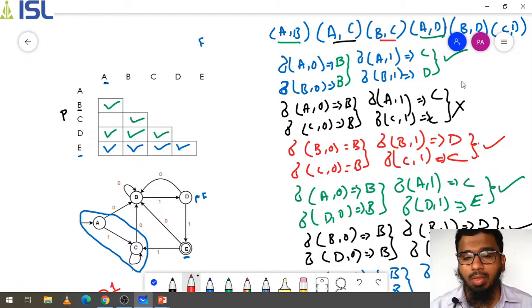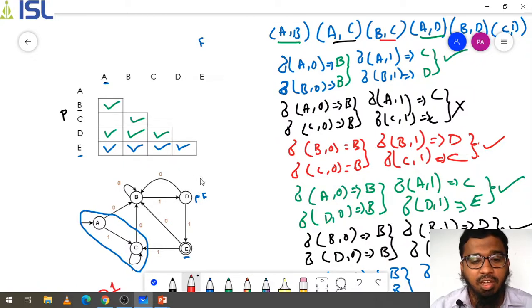So here for A and B we were getting CD, but in the graph CD is not an initial state or a final state. But why have I taken it here? When we get CD, can you see here C and D, this CD is marked.